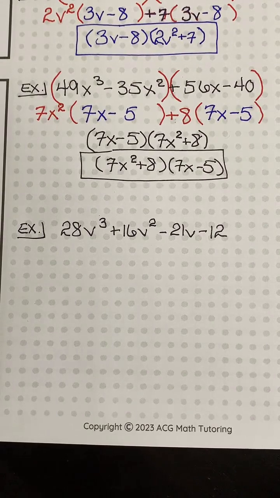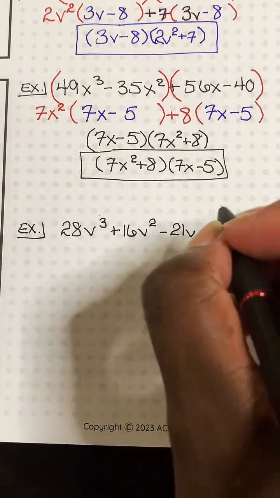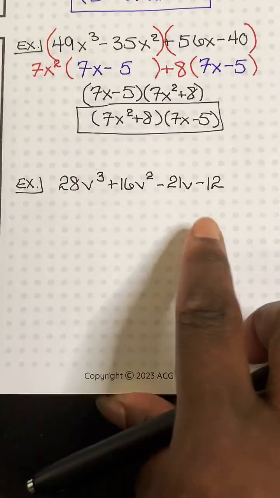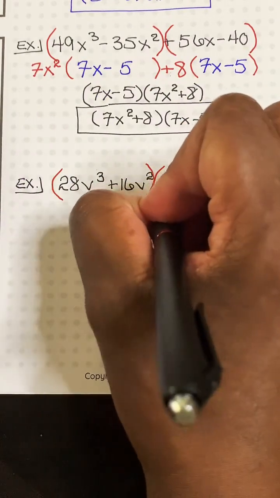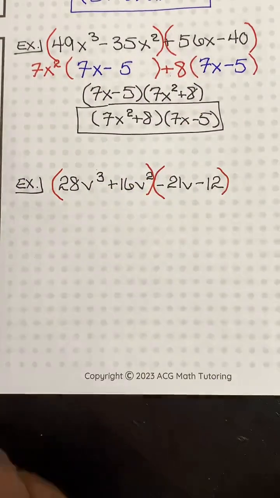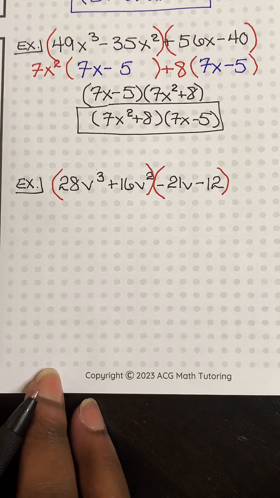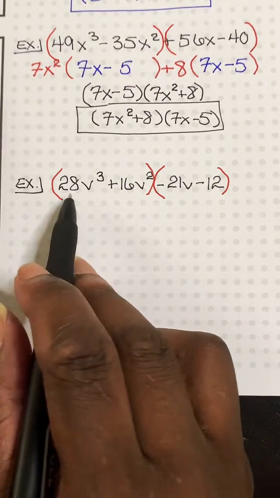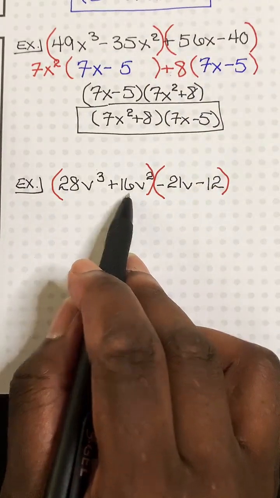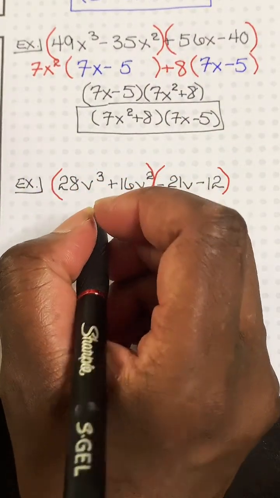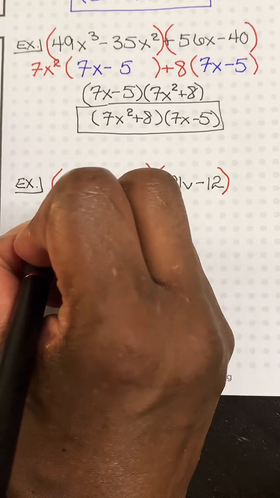All right, so for right now, I think what's getting us is this second parenthesis. The first parenthesis looks pretty awesome. I think it's the second parenthesis that's getting everybody. All right, so we notice that 28 and 16, what they have in common is 4.